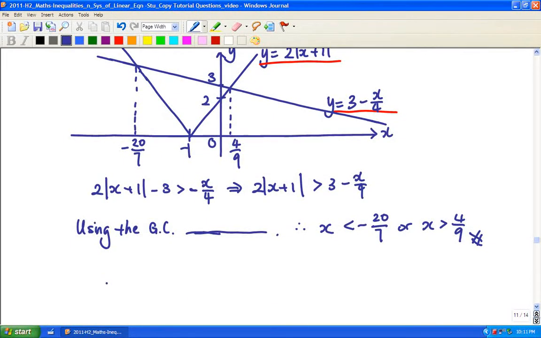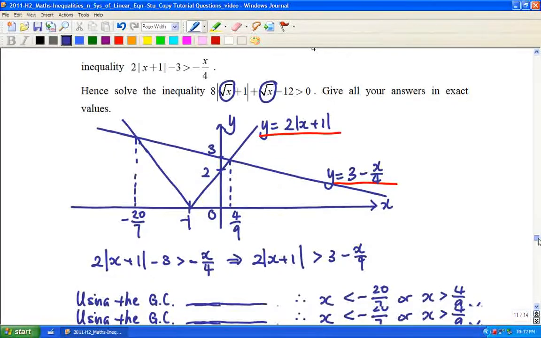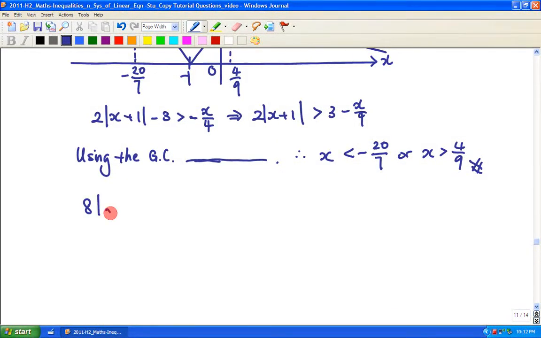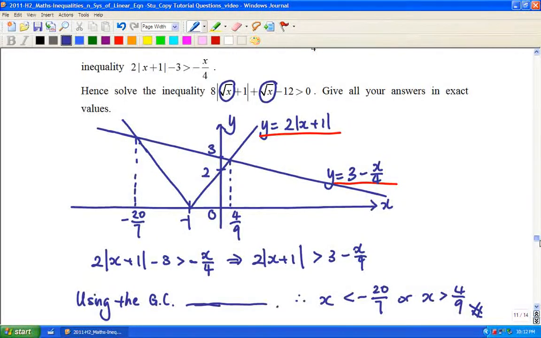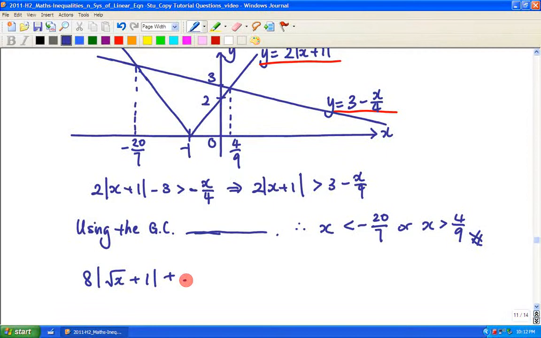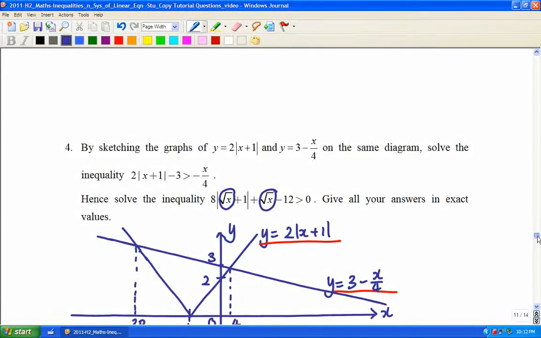So what we have is 8 multiplied by the modulus of square root of x plus 1, plus square root of x, minus 12 is greater than 0.